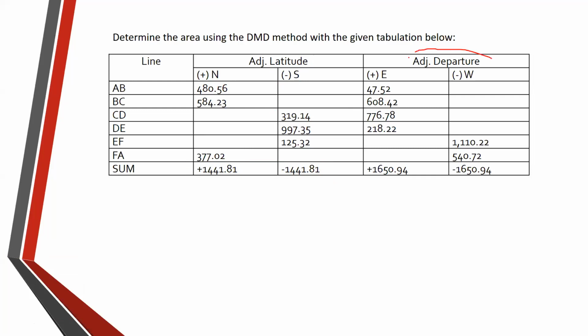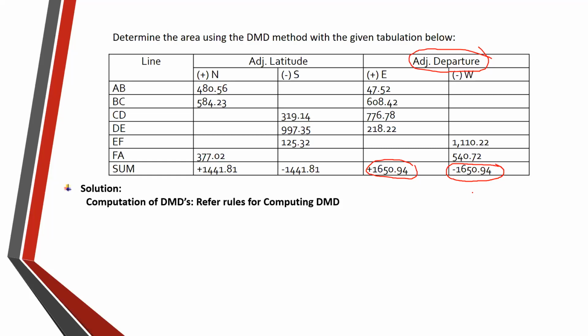Next is the adjusted departure. Let's check the summation of the east, which is 1,650.94, and also the summation of our west, which is negative 1,650.94. And again, that is a balanced traverse, the east and the west are balanced. Next, if we have determined that there is no linear error of closure, it means the area is bounded or enclosed, and we are now ready to compute the DMD.